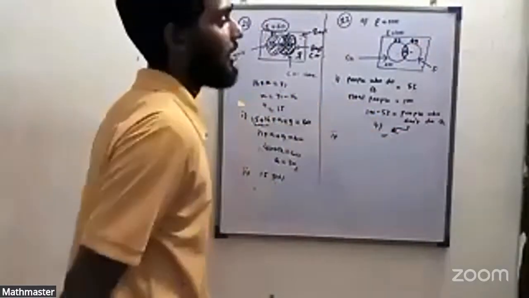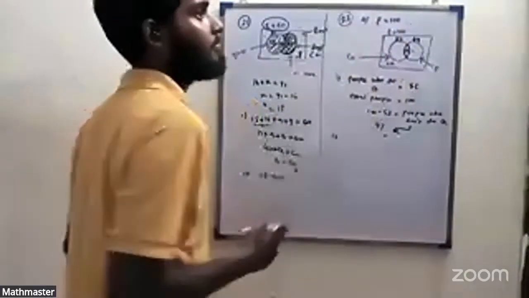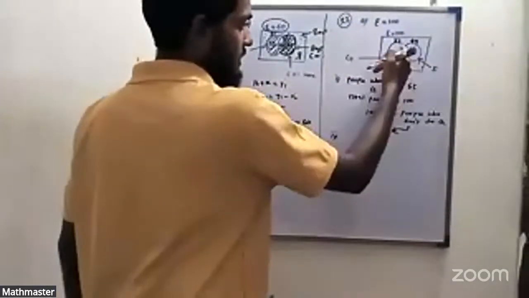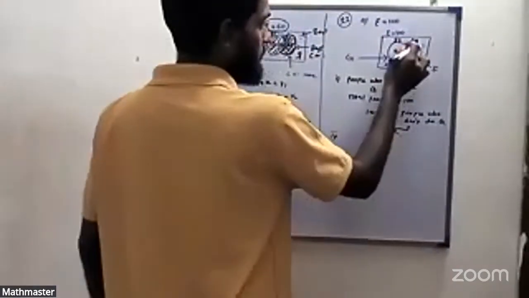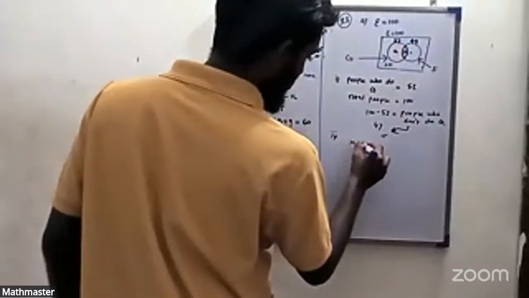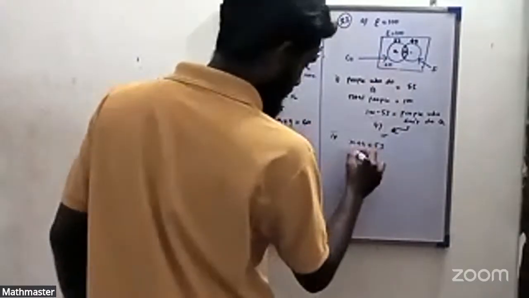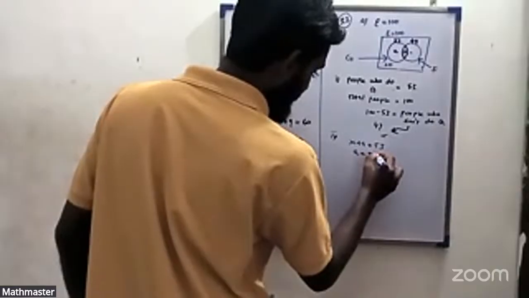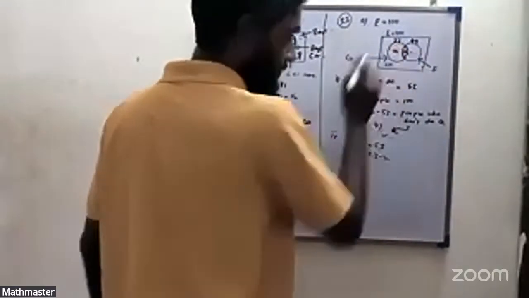X plus something should give 53. Now I'll write here as A. X plus A should give 53, which means how to find A? A in terms of X is 53 minus X, right?